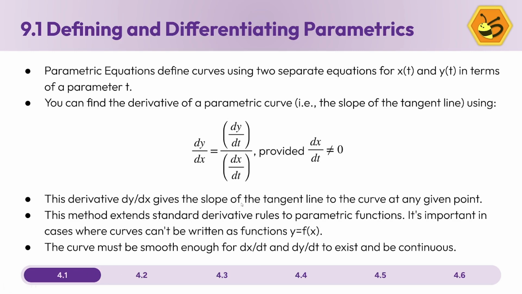So basically these last two. The first point is we use parametric most of the time when we can't write a function simply in terms of y equals f of x. And basically any derivative rules that we have, we can apply to parametric functions as well. And finally, we must have a smooth enough curve for dx dt and dy dt to exist and both be continuous.